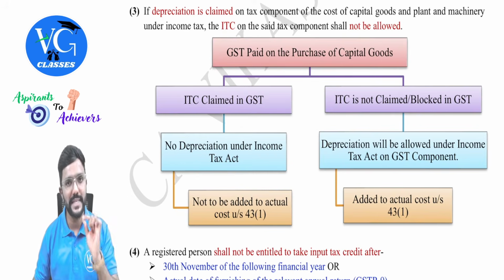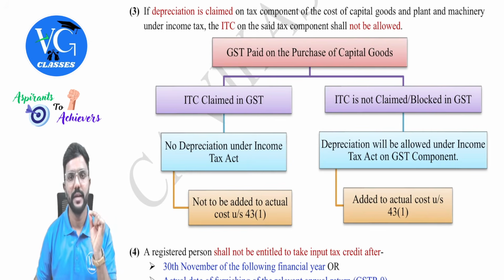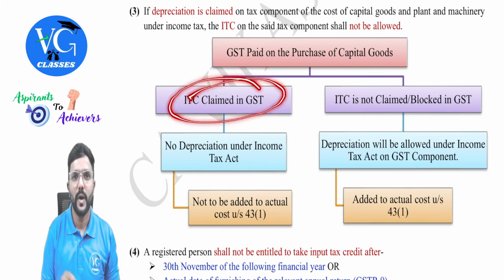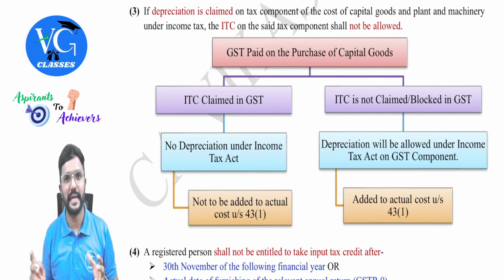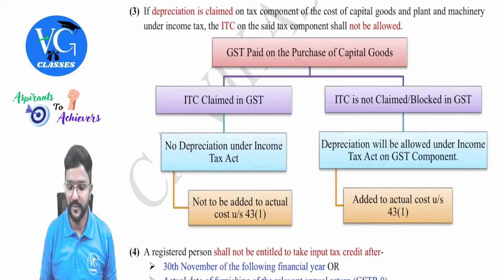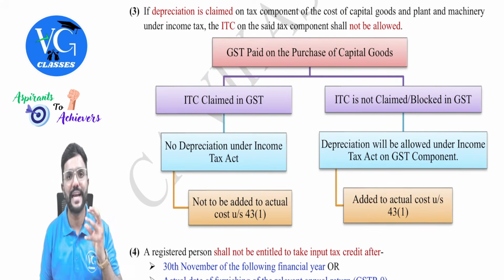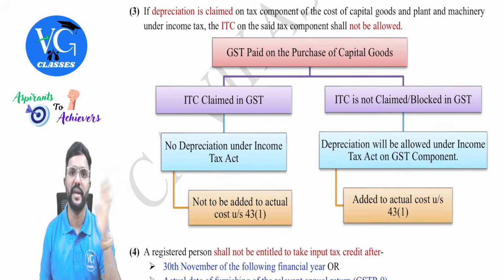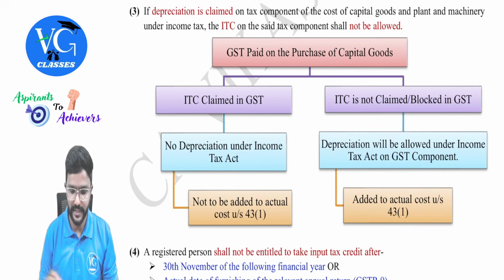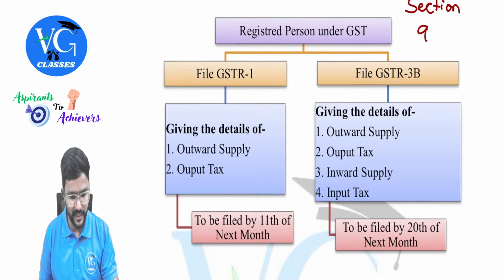So on whatever GST is paid on the purchase of capital goods or plant and machinery, either you can claim credit or you can add it to the actual cost of an asset as per the Income Tax Act, but not both. And this section 43 subsection 1 talks about the actual cost calculation for claiming depreciation as per section 32 in income tax under the PGBP head. Got it? So I will just try to explain this with an example.